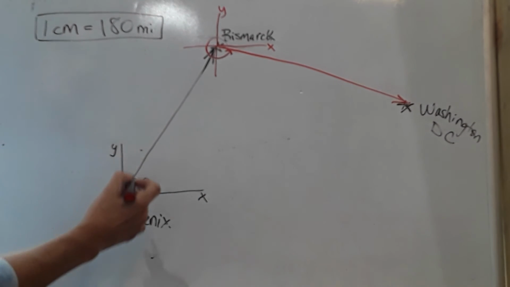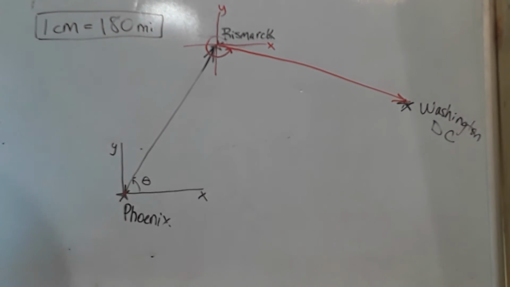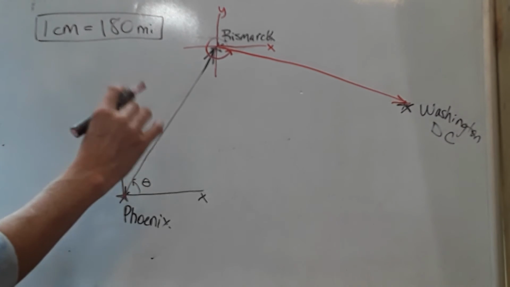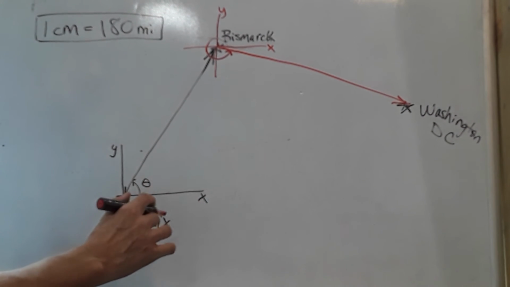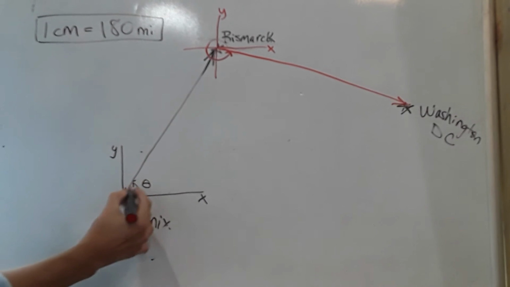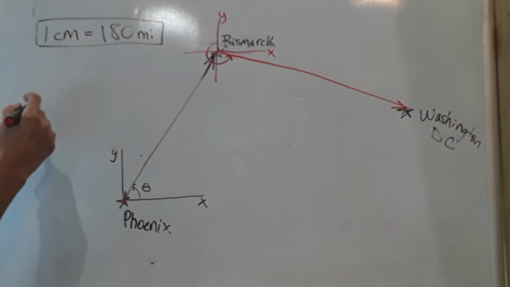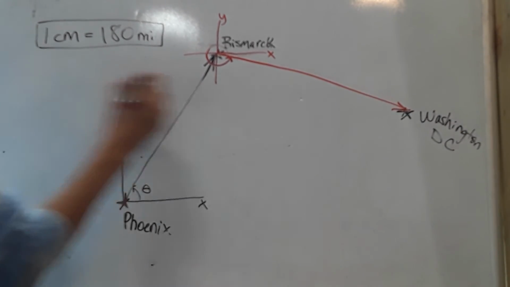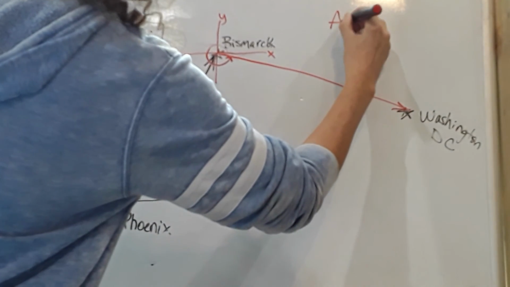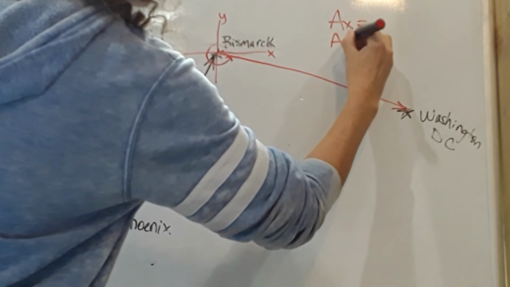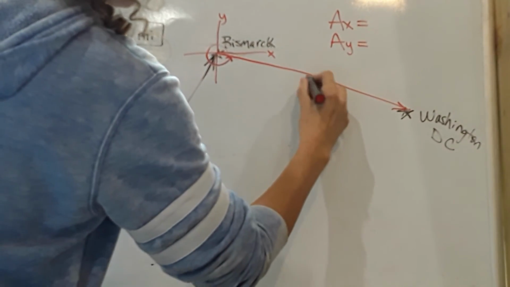So if you wanted to find out, you're going to do it two ways. You're going to do one with calculations, using your formulas that I gave you in the last part. You're going to find the x-coordinate and the y-coordinate of this vector.